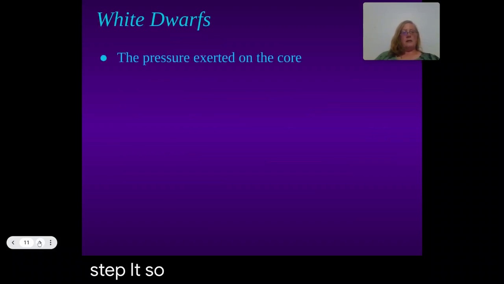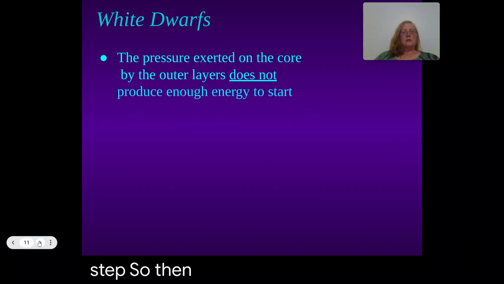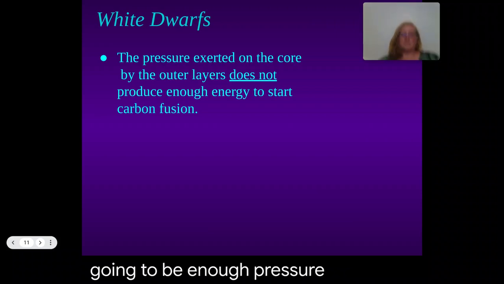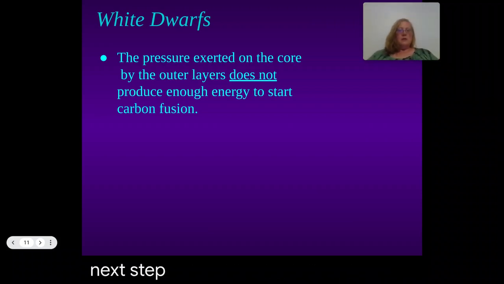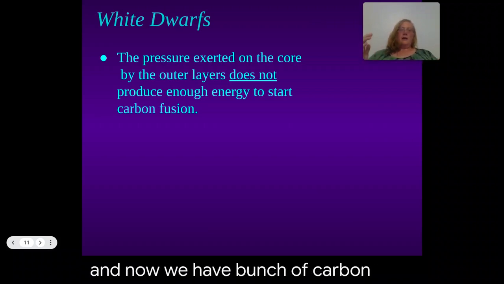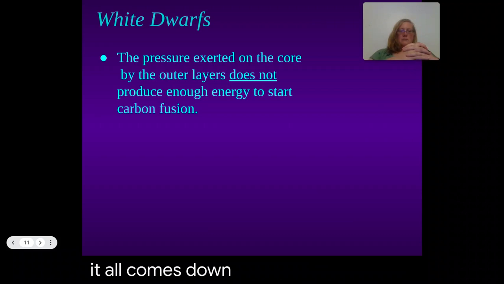Okay, so then for our star, there's not going to be enough pressure for the next step. So it runs out of fuel again, and now we have a bunch of carbon, and it all comes down, but there's not enough to start the next fusion.